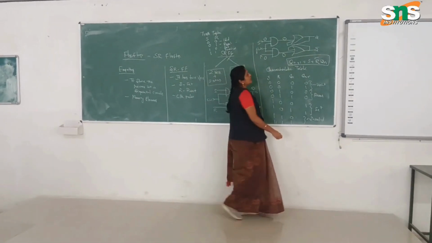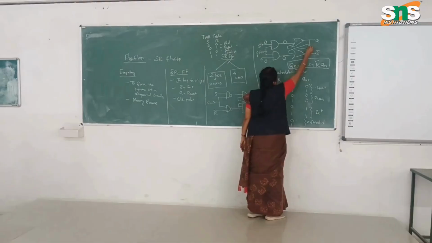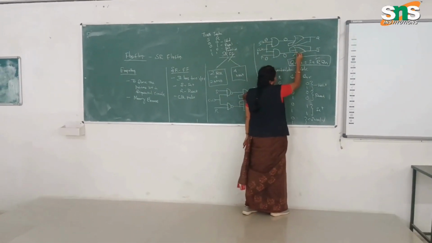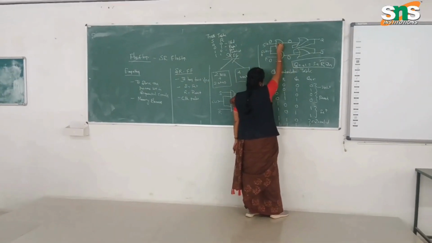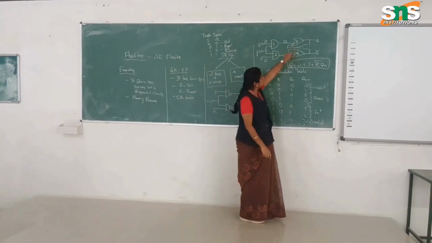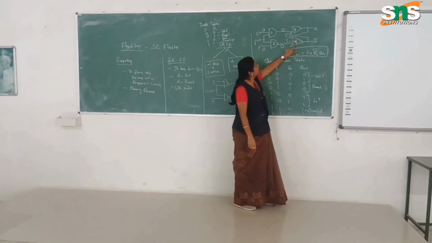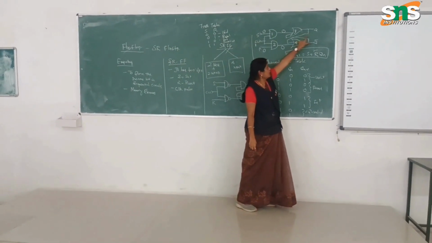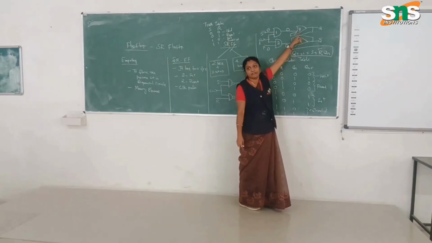Here there is a feedback from the output. Let us number these gates 1, 2, 3, 4. For the third gate, the second input is from Q bar, and for the fourth gate, the second input is from Q. So there is a feedback.